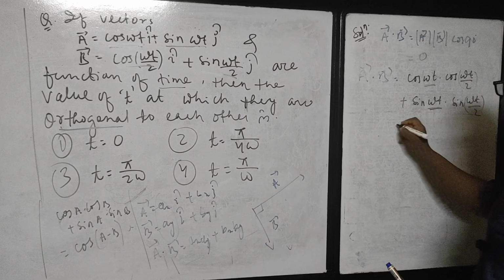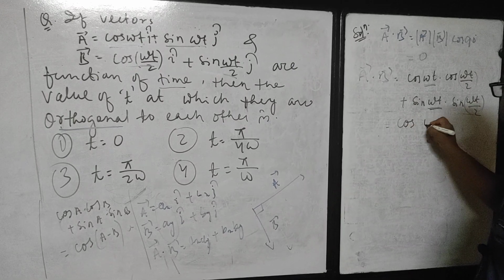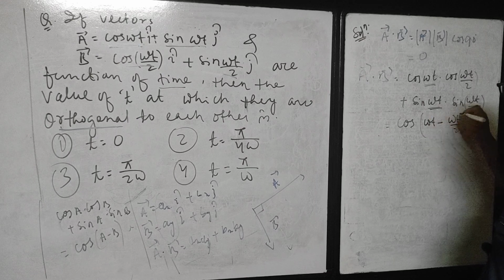So according to our formula, this will be cos of A minus B, where A is omega t and B is omega t by 2.